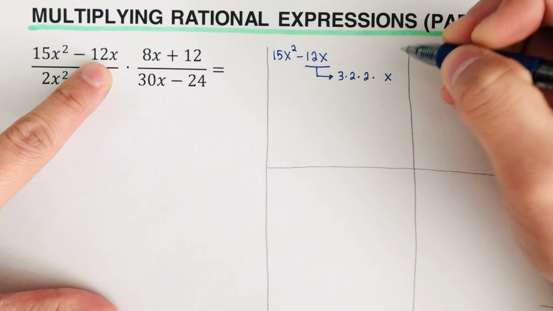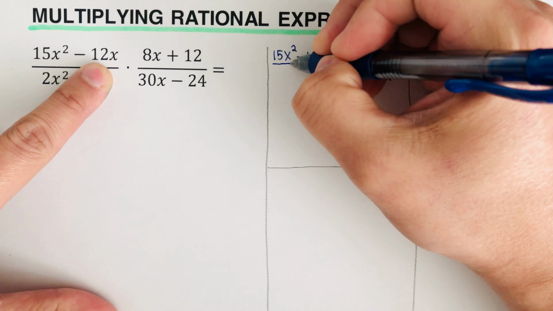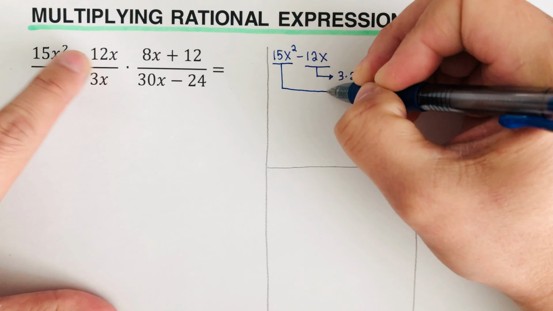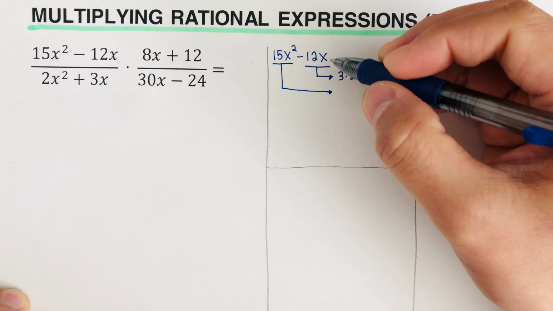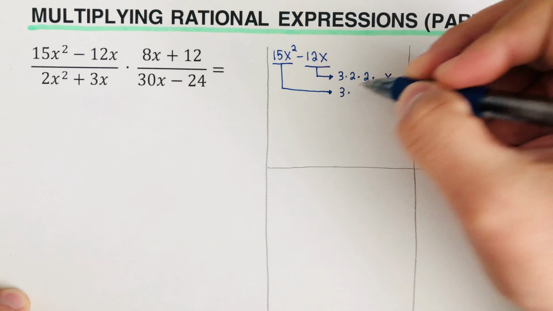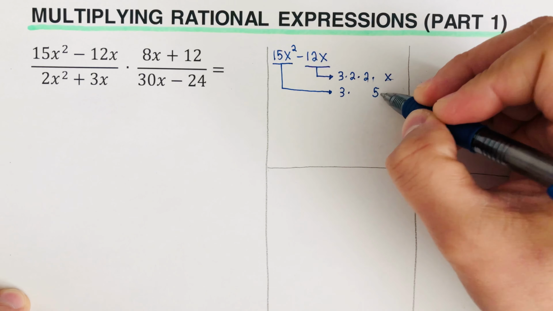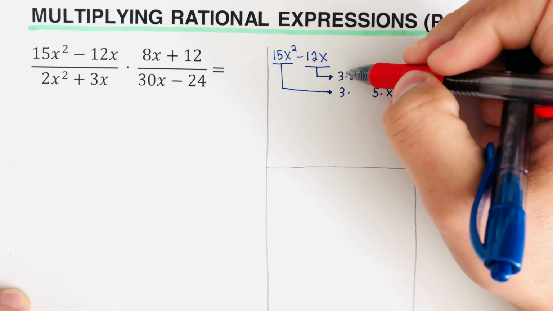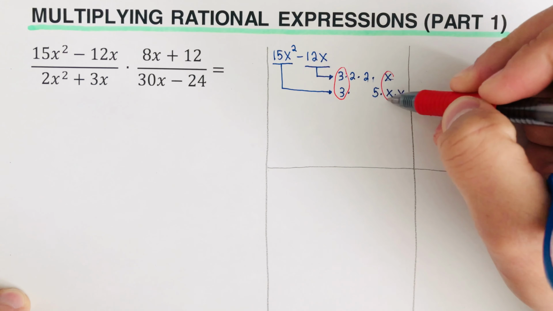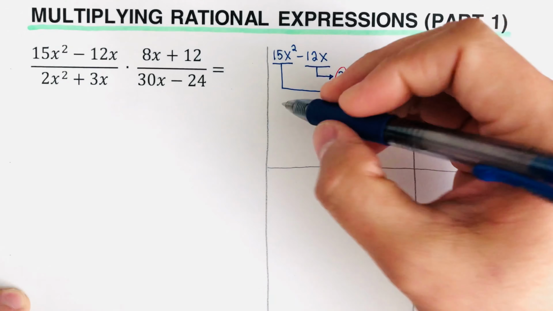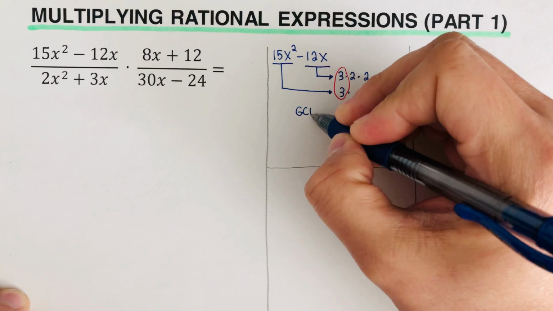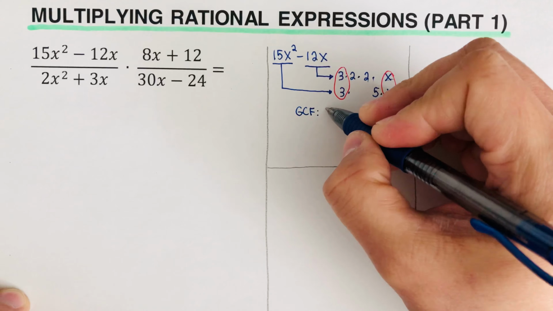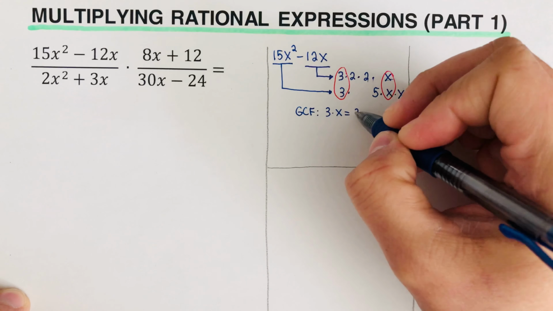And this 15x squared can also be factored as 3 times 5 times x times x. So we can say that the 3 and the x are the GCF, and so that is 3 times x, which is 3x.